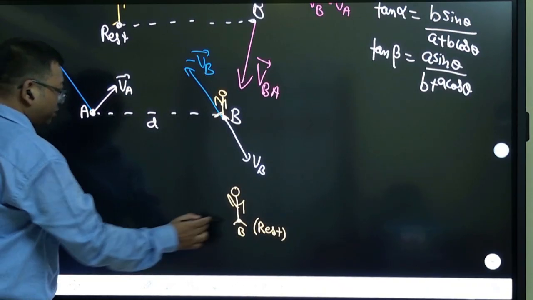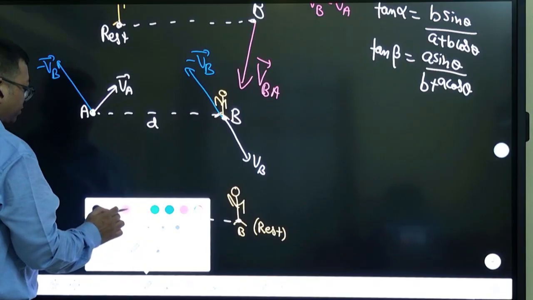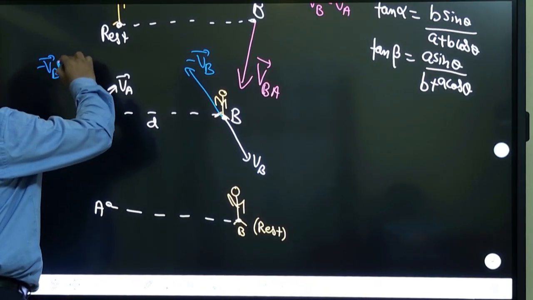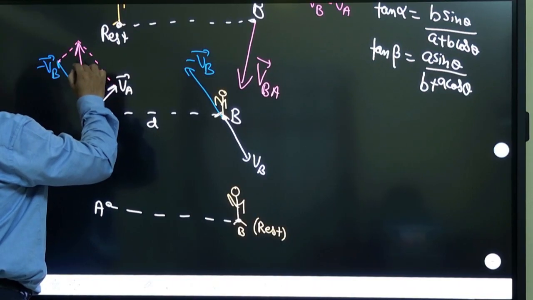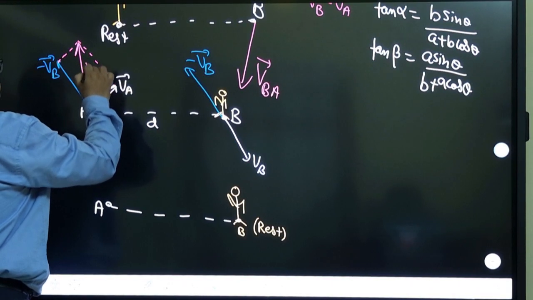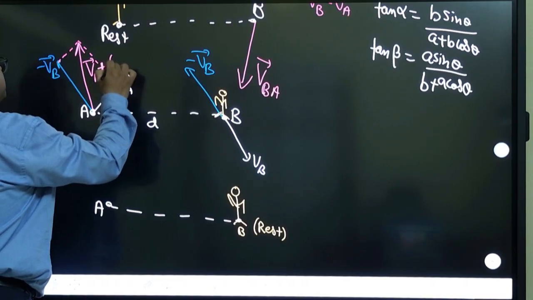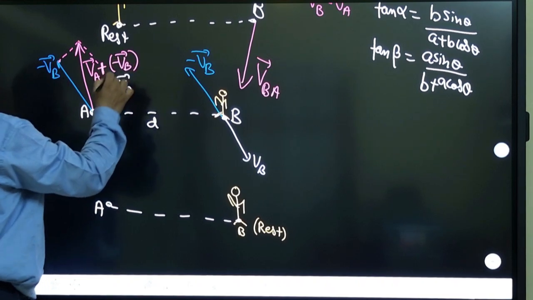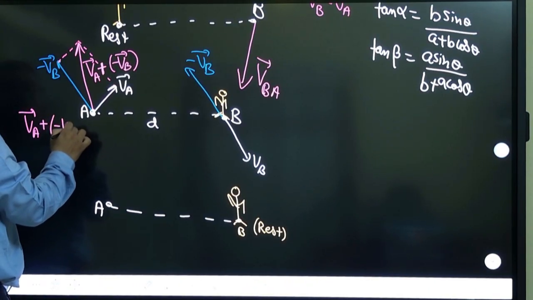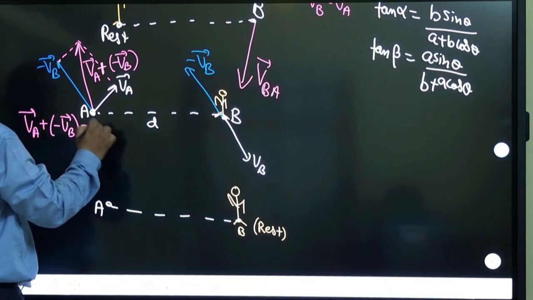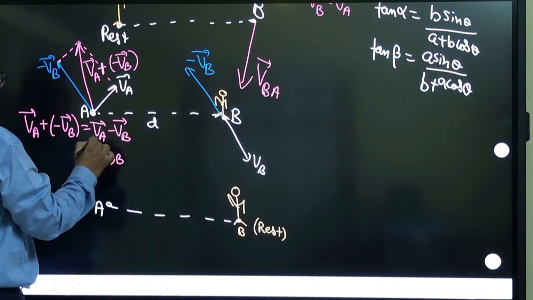And when he is going to see A, what will he see? He will see the resultant of this. Make the resultant, the parallelogram. This is the resultant, and what is this resultant? This is VA vector plus minus VB vector. This vector, VA vector plus minus VB vector, is called VA vector minus VB vector, and this is called VA with respect to B. This is called VAB.